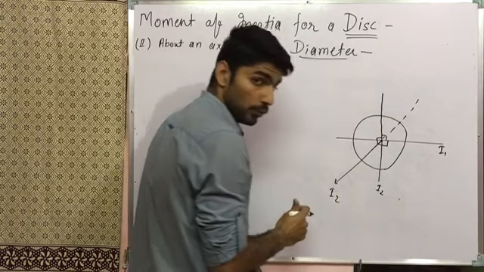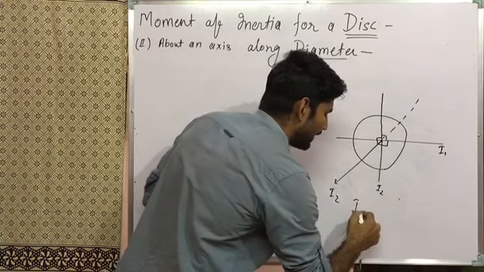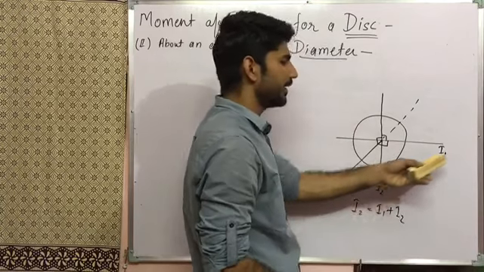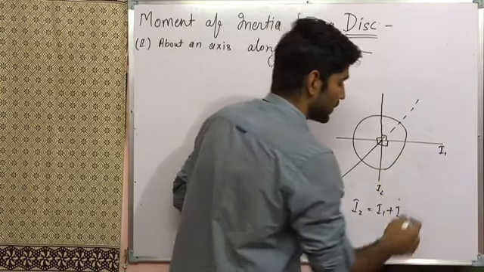Now, according to the perpendicular axis theorem, IZ equals I1 plus I2, and here I1 and I2 both are about equal axes.